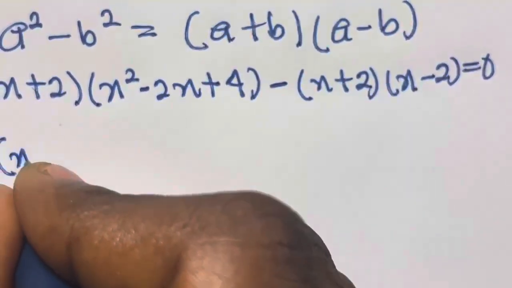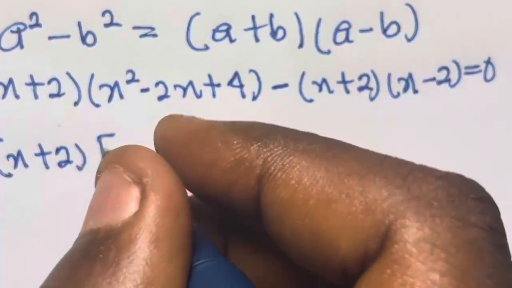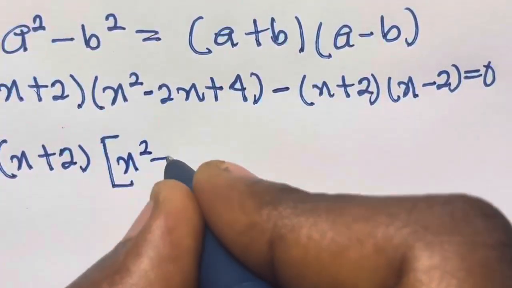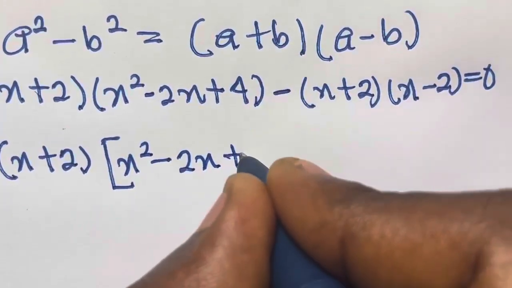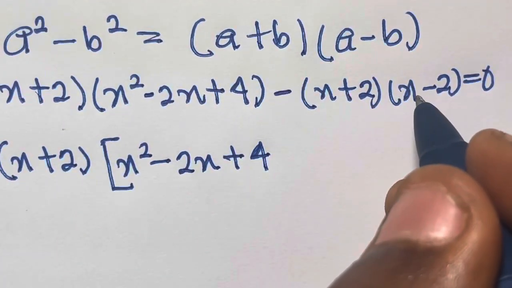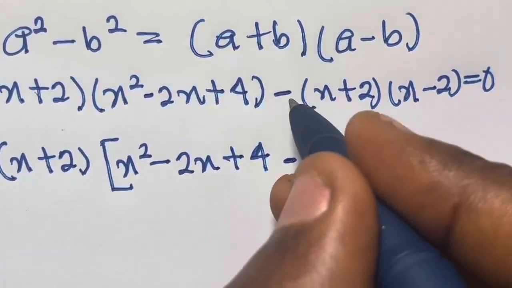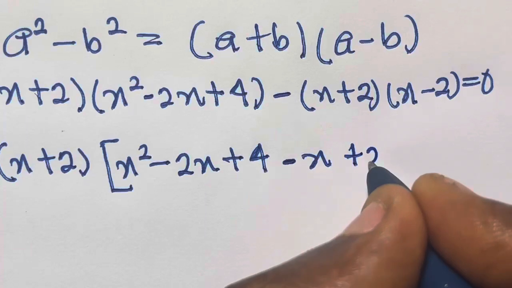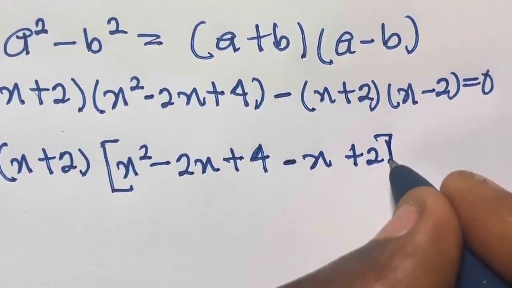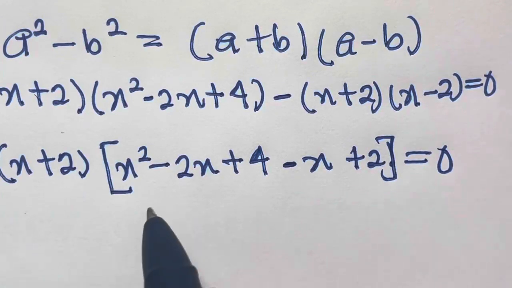We have x plus 2. So what will be left here, we have x squared minus 2x plus 4. Then what is left here, we have minus x, minus times plus, we have plus 2, right, equals 0. So what this implies is that this equals 0 and this equals 0.